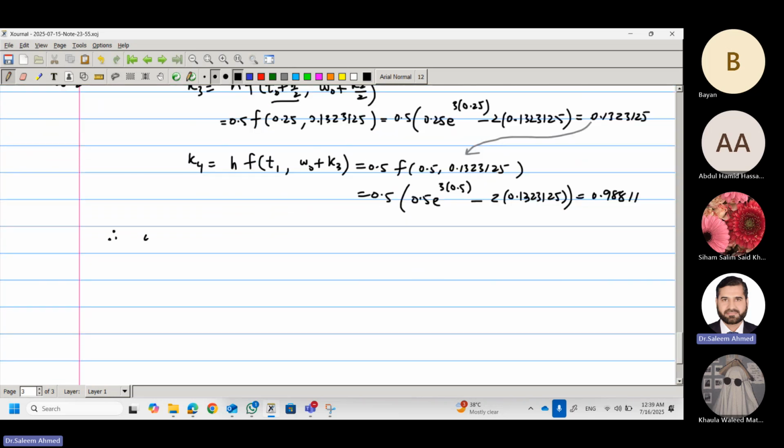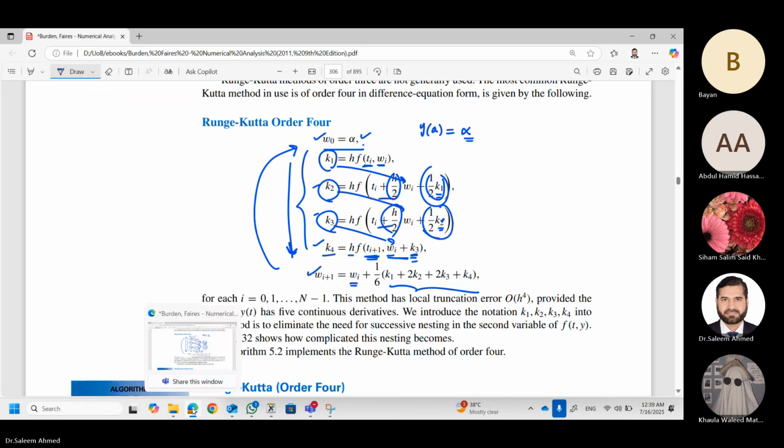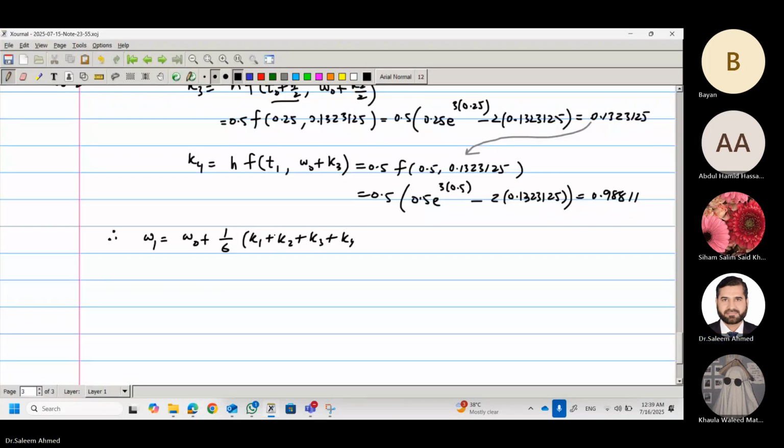So therefore, my W1 is W naught plus 1 by 6 K1 plus 2K2 plus 2K3 plus K4. K2, K3 come with 2. So now you have all the values. W naught is 0 plus 1 by 6.